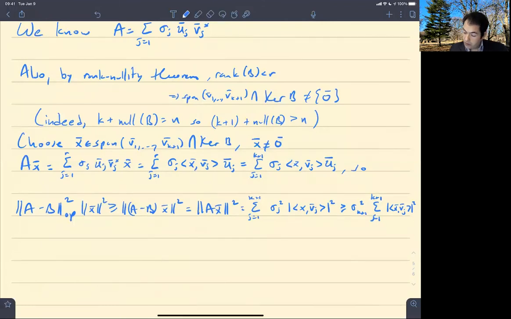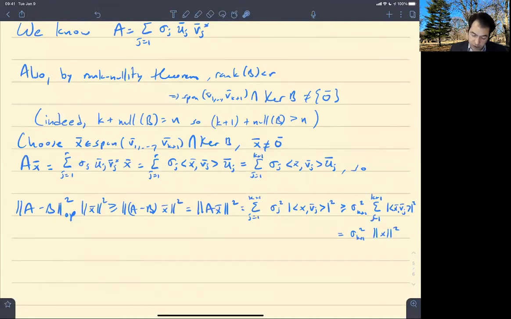Right, because the sigmas are non-increasing, so this one is less than or equal to all of the ones occurring here. But this, we notice, is just sigma k plus 1 squared times the norm of x squared, right? Because x is in the span of v1 through v k plus 1, and so this is equal to its norm squared.